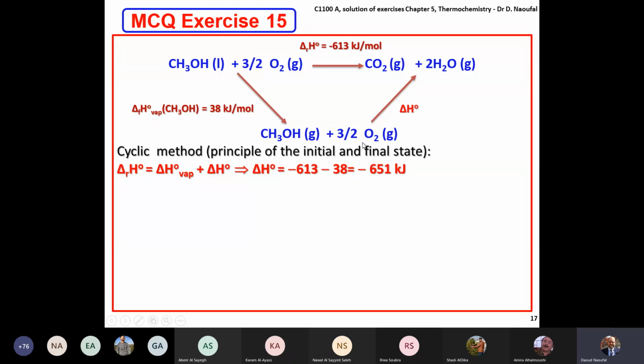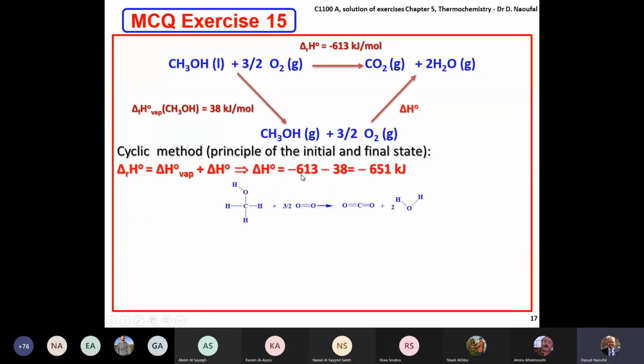Look to this reaction. Are the reactants and the products all at the gas state? Yes. Gas, gas, gas, gas. So in this reaction, I can apply delta H0 equals the bonds in the products minus the bonds in the reactants.